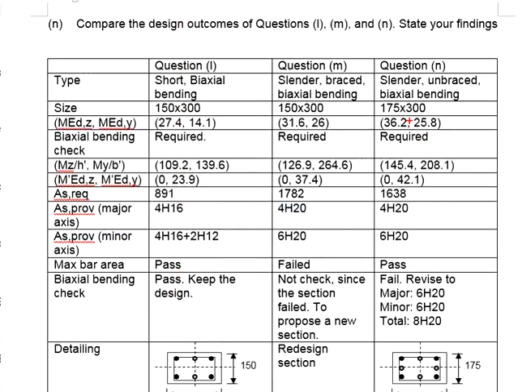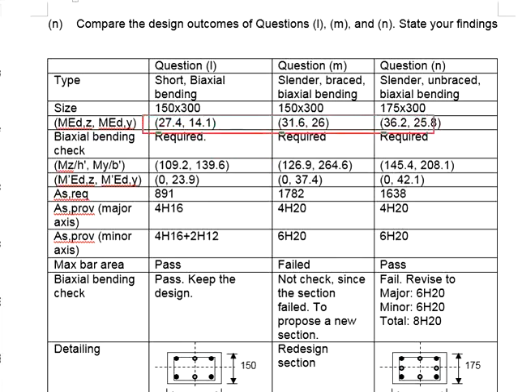Now, if you refer to the MED calculated, obviously the slender and unbraced column will be the most critical. Whereas the slender and braced column will be more critical than the short column, but less critical than the slender and unbraced column.